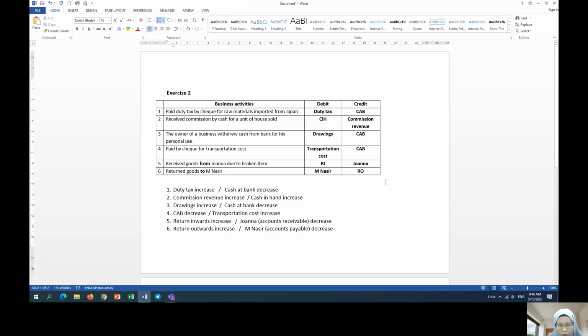And the most important part is you must make sure that you understand the status of the activities, either there is a decrease or increase, because the status of increase or decrease is the reason for you to do the double entry of debit or credit.